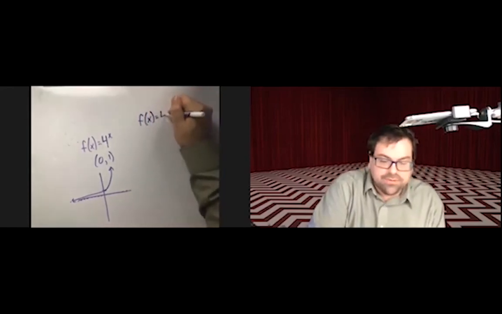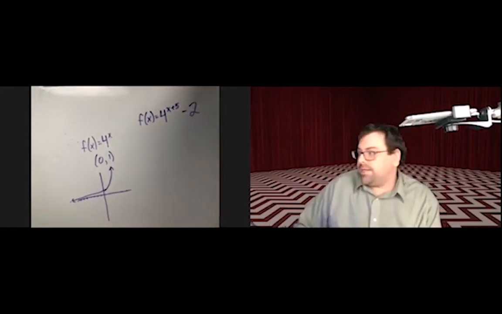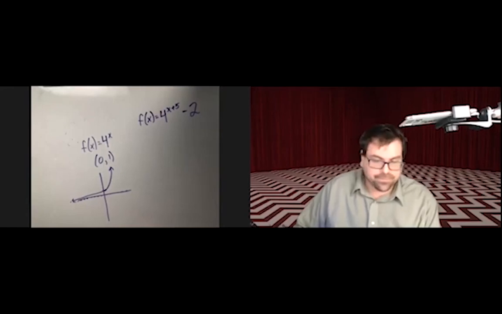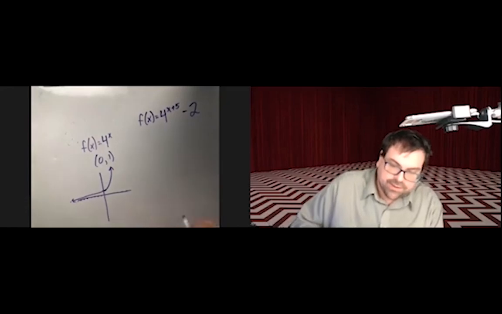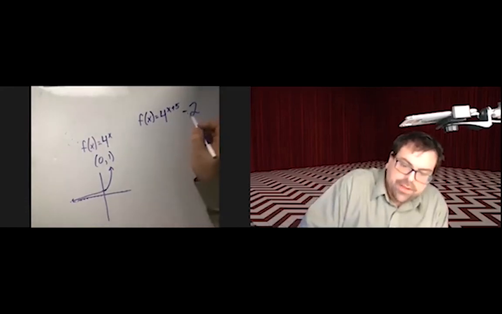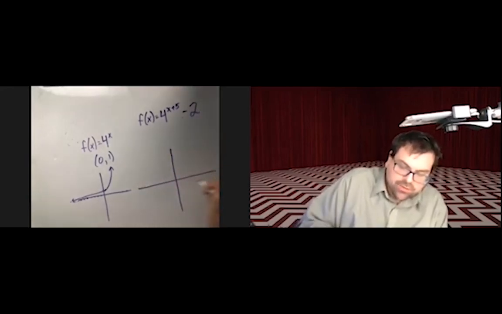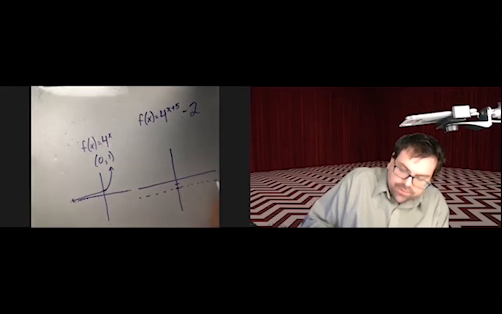f of x equals 4 to the x plus 5 minus 2. Just like what we did at the beginning of the semester. Subtracting 2 from the function moves it down 2. So instead of the horizontal asymptote being here, it'll be down here.